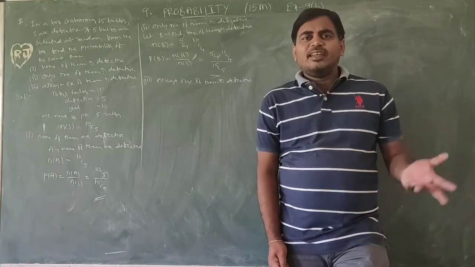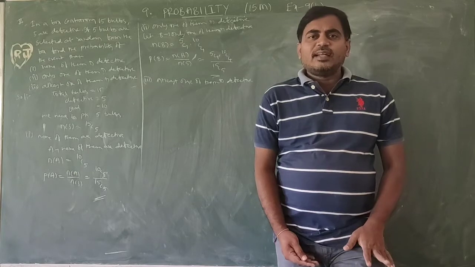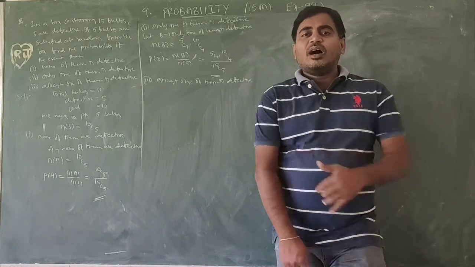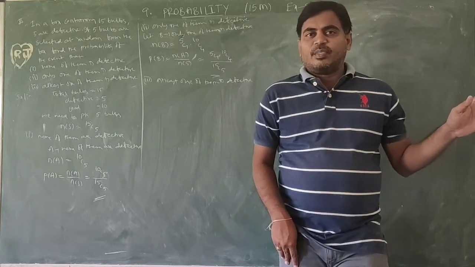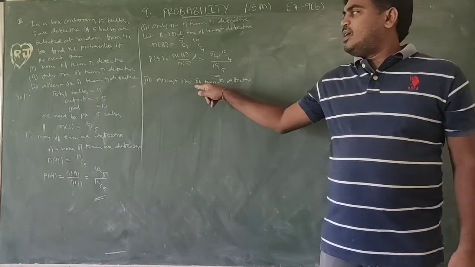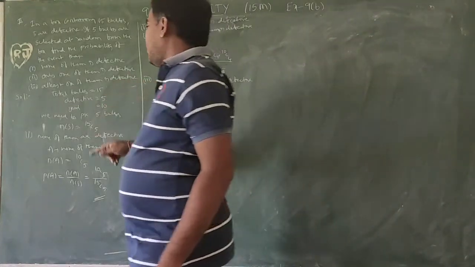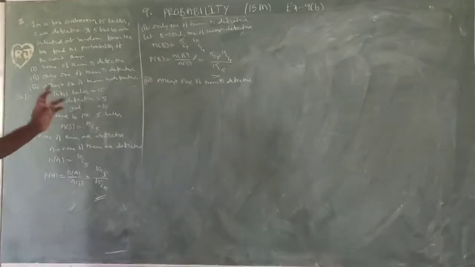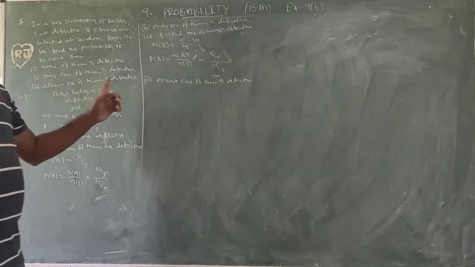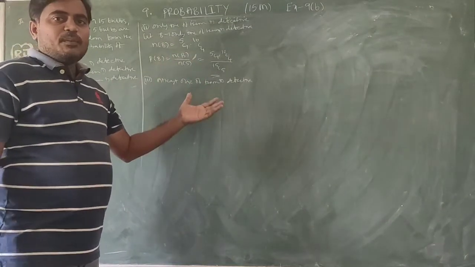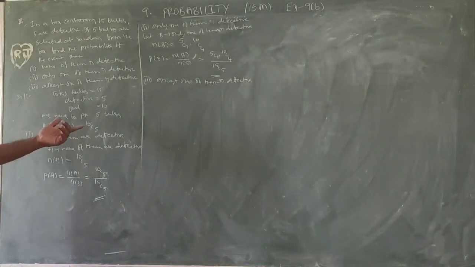What is the exact opposite of this? None of them are defective. So at least one is defective is complementary to the event that none of them is defective.